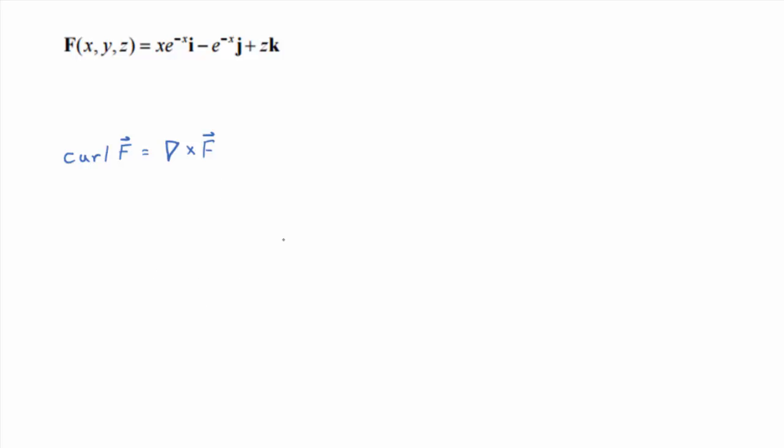So how do we set this up? Okay, i, j, k, and then across the middle, d dx, d dy, d dz, and then the bottom row would be the entries from the vector field, x, e to the negative x, negative e to the negative x, and z.